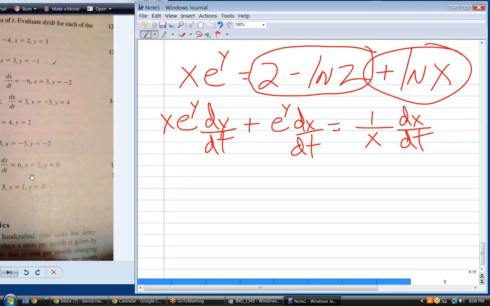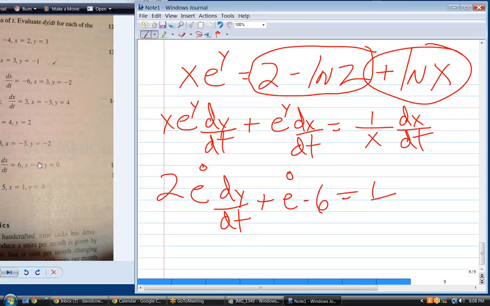Let's just substitute. x is 2, e to the 0 dy dt plus e to the 0 times 6 equals 1 over x, which is 2, times dx dt, which is 6.